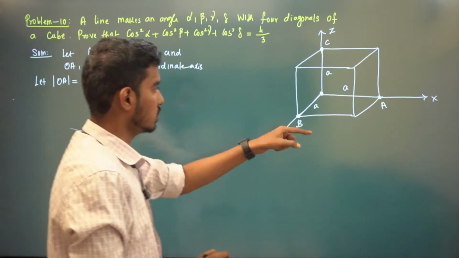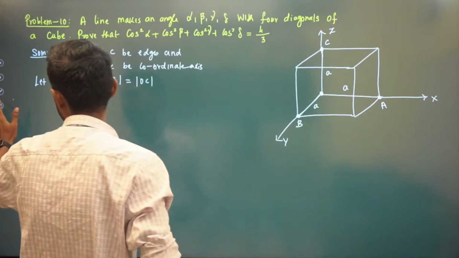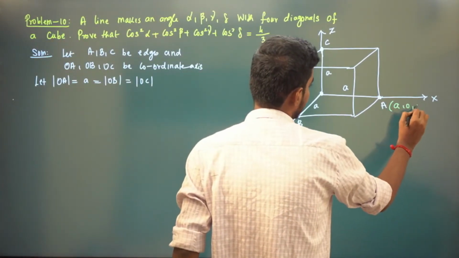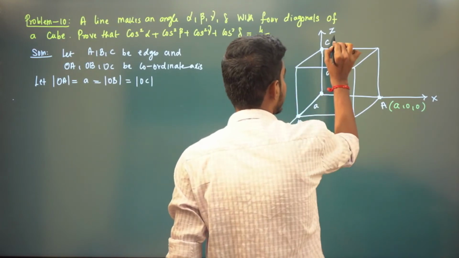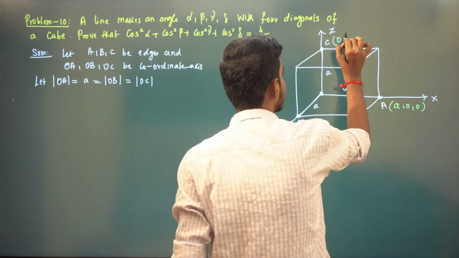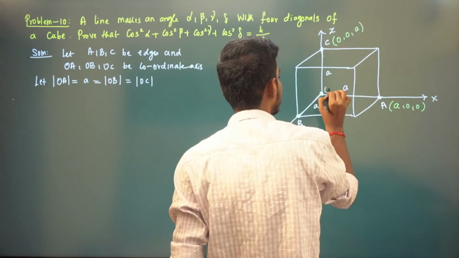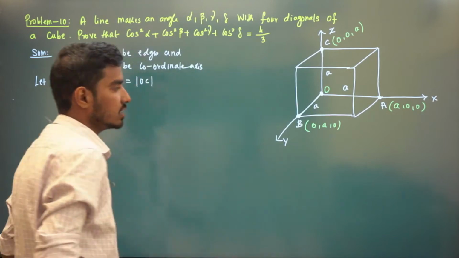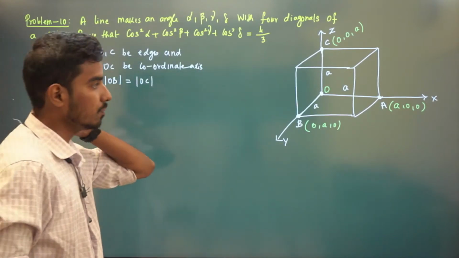So what about this point? This point is a, 0, 0, and here we are moving a units in the Z axis. So 0, 0, a. This is the origin, and 0, a, 0, a units in the Y axis. All are a units only.